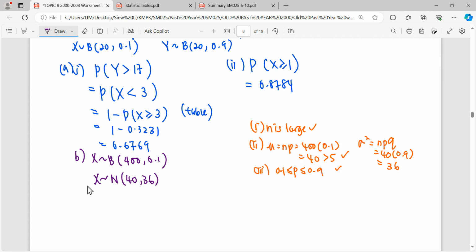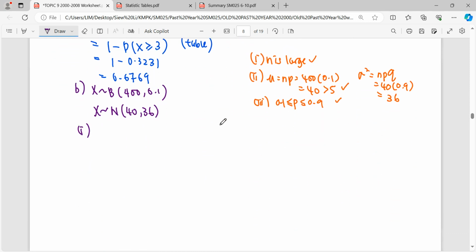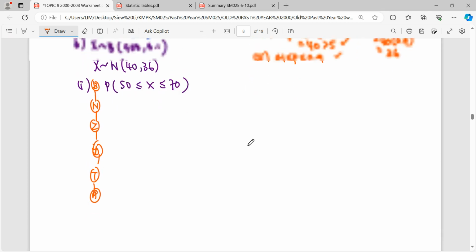So the first question asked 50 to 70, probability 50 included to 70. So start your working from binomial, change to normal, find your Z, draw your graph, read your tables to get the answer.